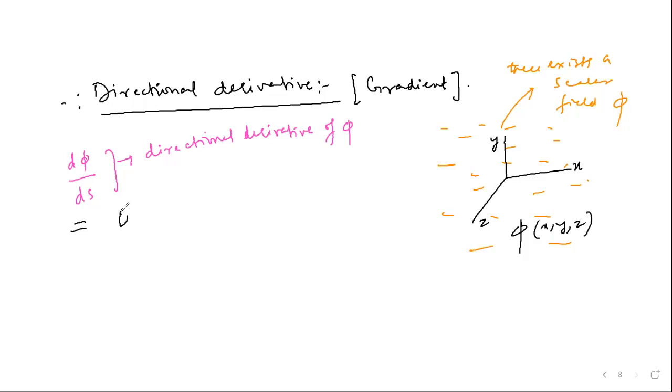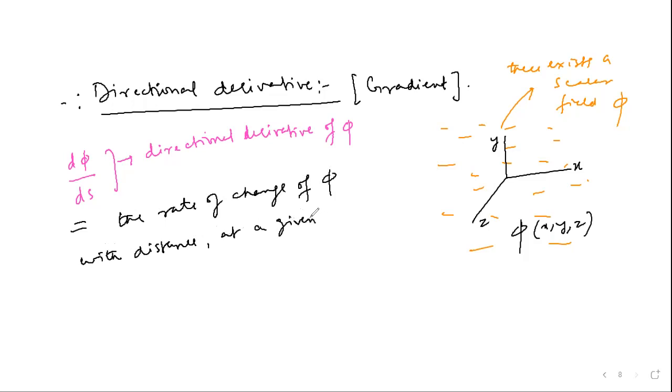It is the rate of change of phi with distance at a given point, and that point be x naught, y naught, z naught, and in a given direction.